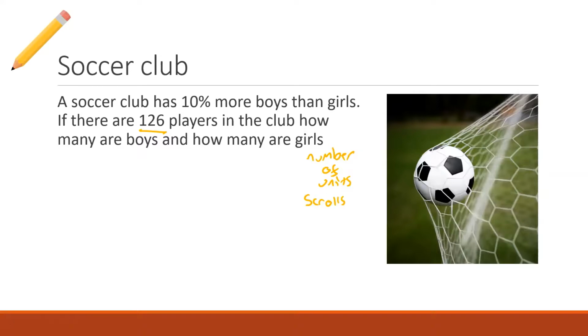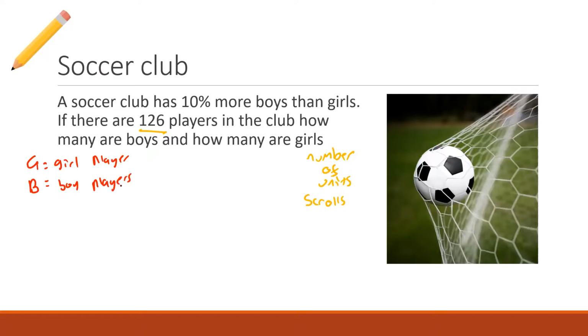G and B. G and B? And what does G and B mean? G for girls, B for boys. Yeah, so G is for girl players and B is for boy players.